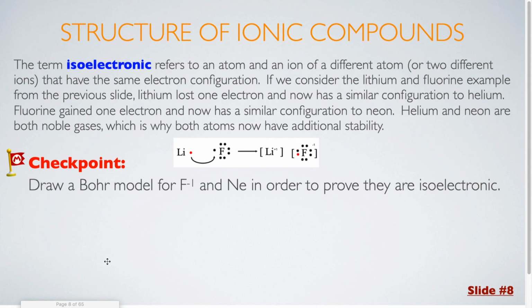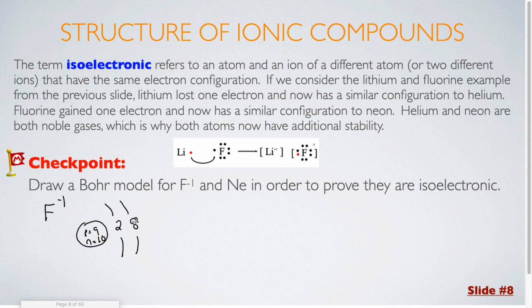For our next checkpoint, we are going to draw a Bohr model for F-1 and neon in order to prove that they are isoelectronic. If we have regular fluorine, we are going to have 9 protons, 10 neutrons, and our shells would be 2 and then 7. But since this is going to be fluorine -1, we're gaining an extra electron.